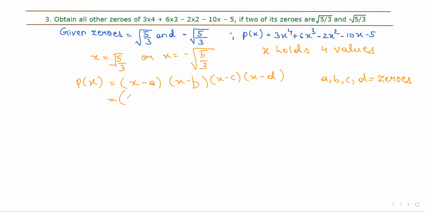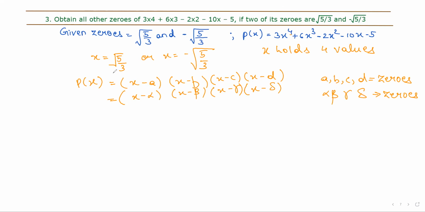According to the textbook notations, you use alpha, beta, gamma, or say delta as your zero notations. So the same ABCD can also be written as alpha, beta, gamma, and delta. So this is x minus alpha, x minus beta, x minus gamma, and x minus delta.